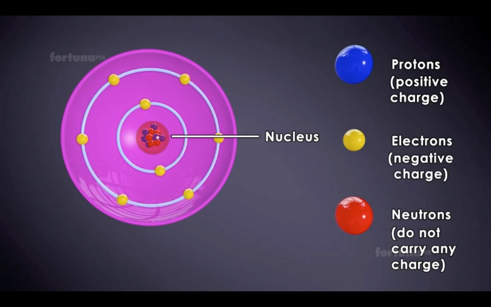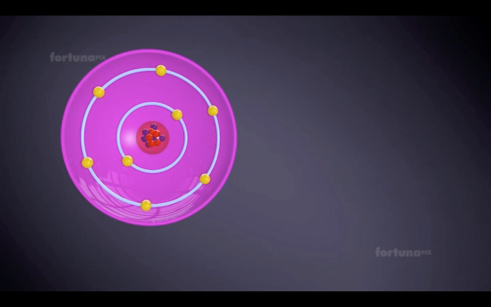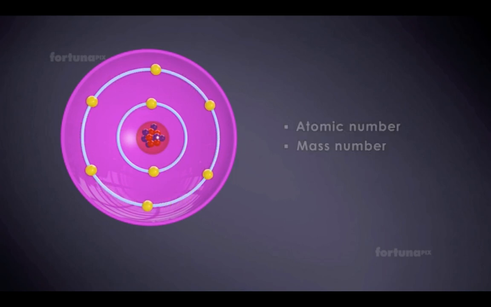Electrons carry a negative charge and revolve around the nucleus in orbits. Every element on Earth has a defined number of electrons, protons, and neutrons, and these numbers are unique to that particular element. Every element also has two specific numbers that are associated with it: an atomic number and a mass number. Let's see what those terms mean.